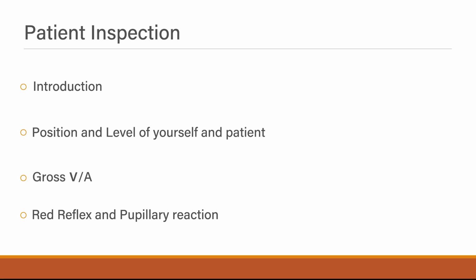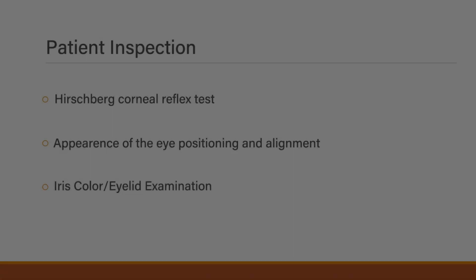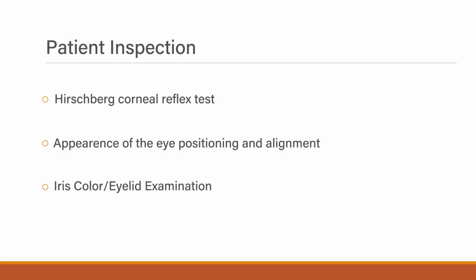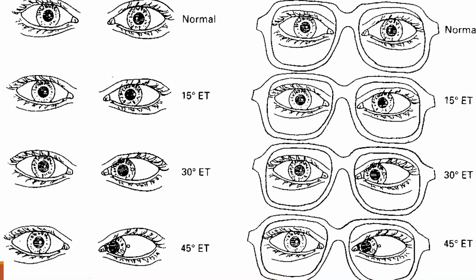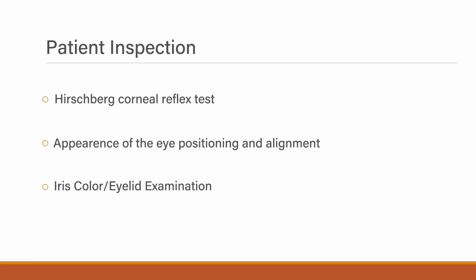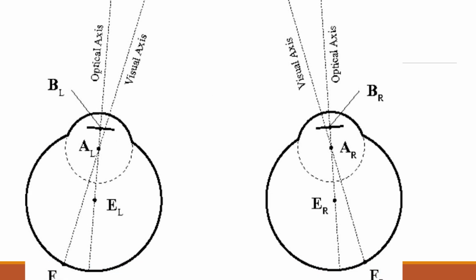Red reflex and pupillary reaction are much more important and should be on your list to examine in all patients. Go for the Hirschberg test or corneal reflex test, which gives you the obvious appearance of the eye positioning and alignment, the iris color, eye color, and the rest of the eyelid examination, which gives you the gross abnormality.